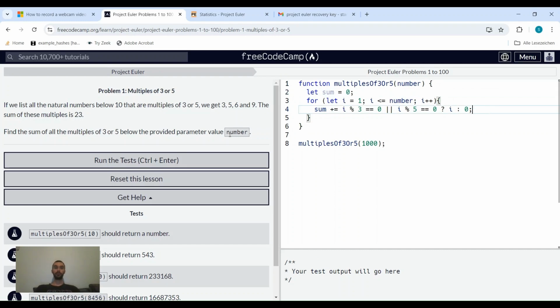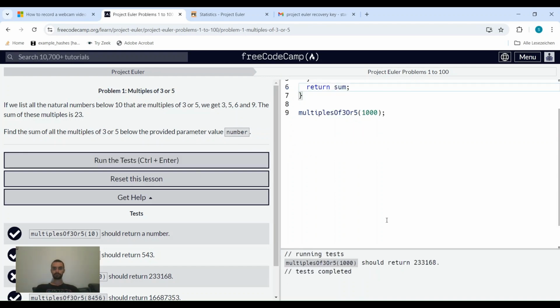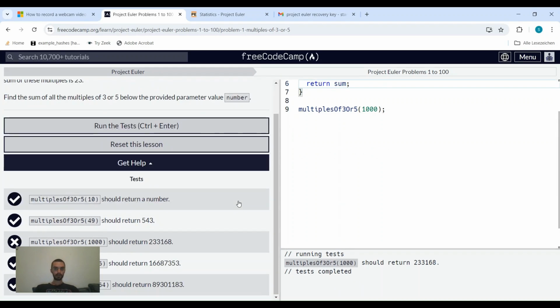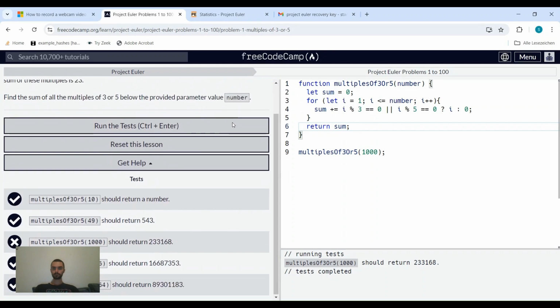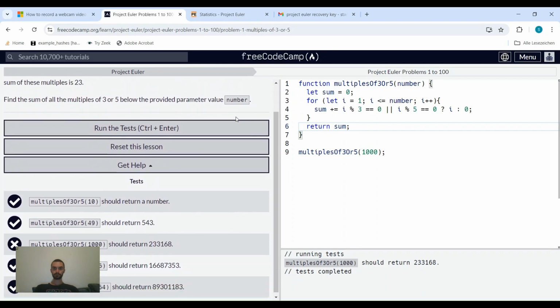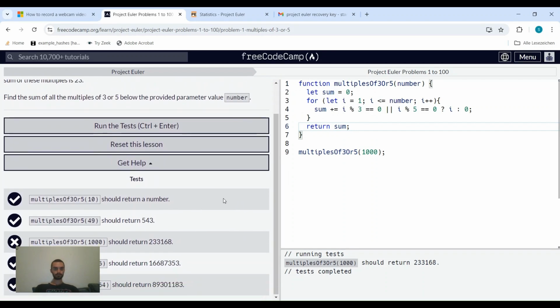Let's check if this runs. I hope it runs. Well, that was bad. So this one didn't work, this one worked.